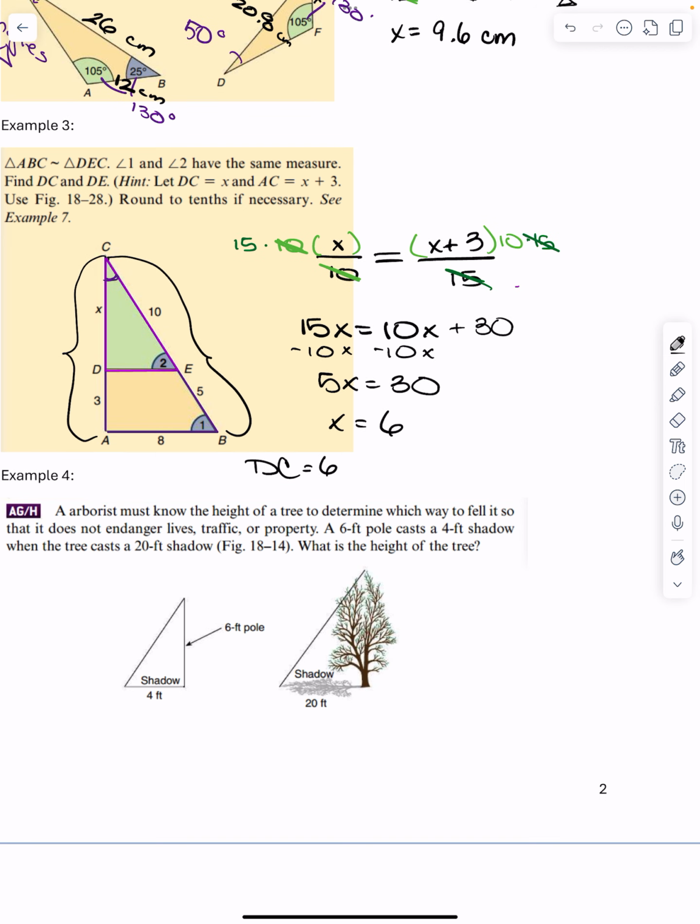And so to find DE, this side right here, we can label it DE or we can call it Y. I've got Y over, and I'm just going to stick it over this one, 8. Equals, I could use the big triangle, 9 and 15. I'd rather use the small triangle just because the numbers are a little smaller. And I have 6 over 10.